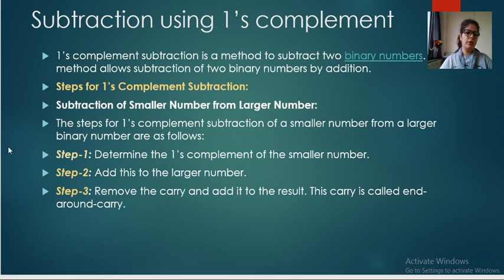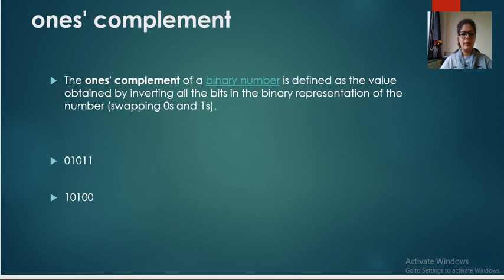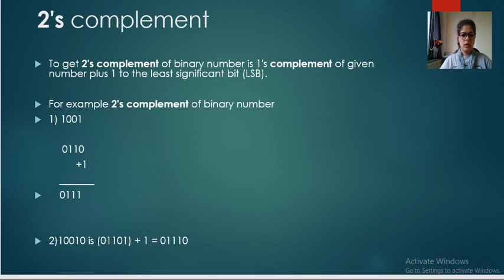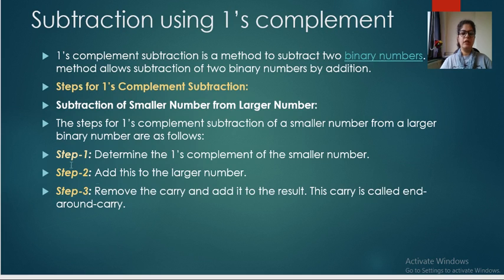So that's why students, we have studied the ones complement and twos complement methods. And I have already told you that a computer can make use of any of these mechanisms to perform subtraction of two numbers. This is a very easy way to subtract any two numbers, because otherwise sometimes it creates chaos for the user, how they have to subtract and how to include the borrow and everything.